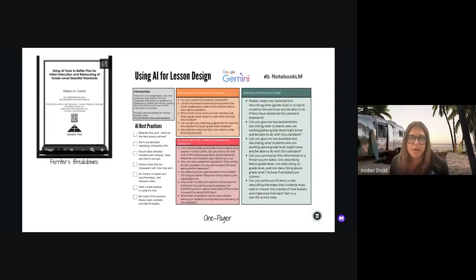So I'll give you guys about 10 minutes right now to play around with Gemini, to look through this paper here and explore it a little bit more. And if you have any questions, unmute, talk to me, put it in the chat, whatever we need.